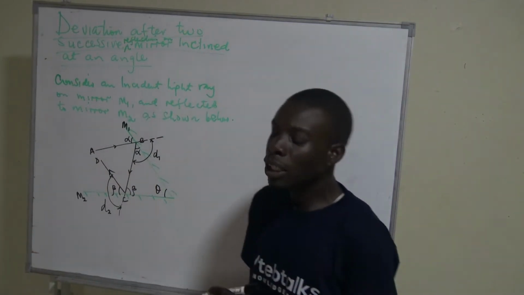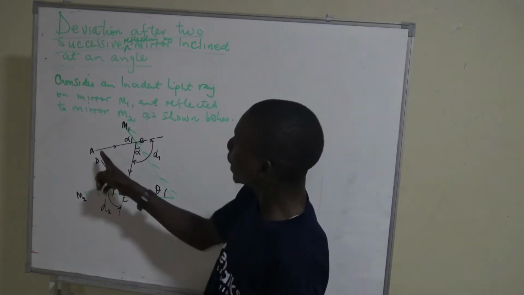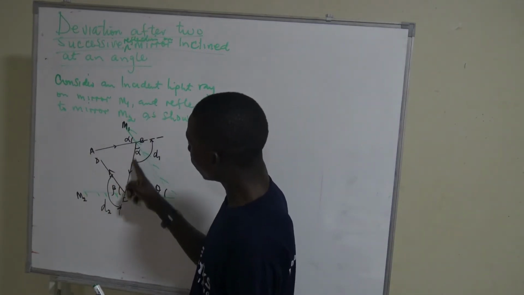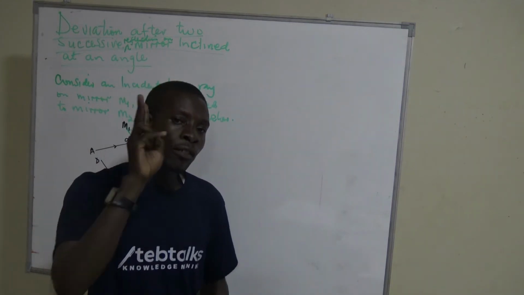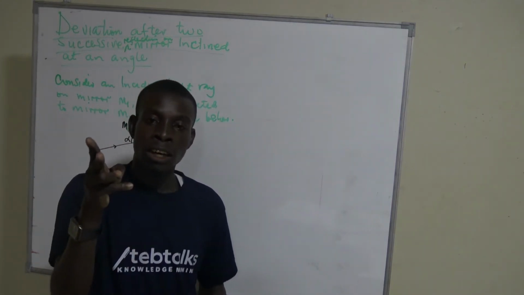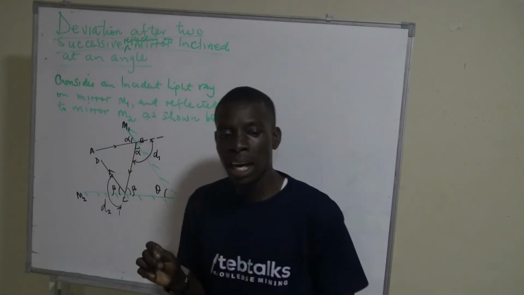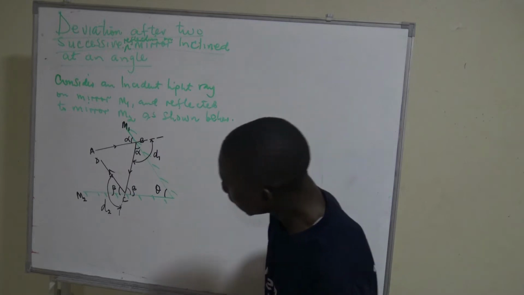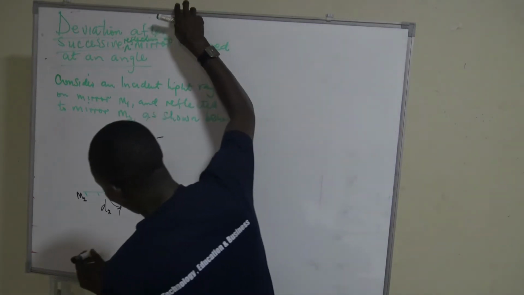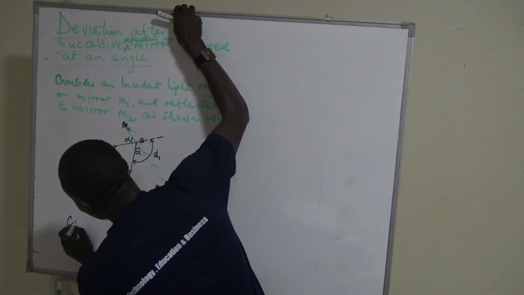So that means that if the ray is incident on the first mirror, reflected and reflected, it is deviated how many times? It is deviated 2 times. D1 on the first mirror and D2 on the second mirror.